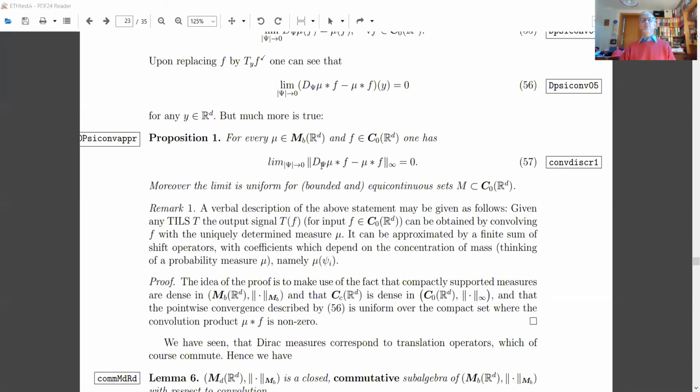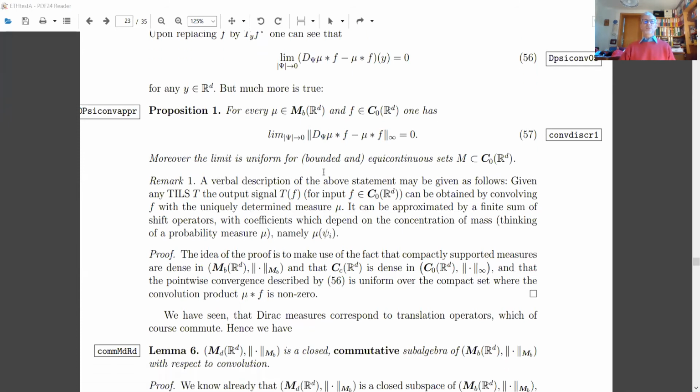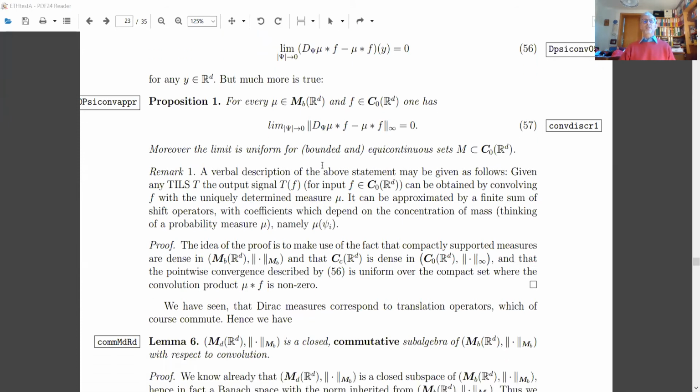So they are big at the places where there's a lot of mass in the measure concentrated, so where the mu psi i is significant, whereas it may be harmless or very little in the places where mu is small. And of course it will be zero outside of the support of the measure, but we have not defined this concept yet.